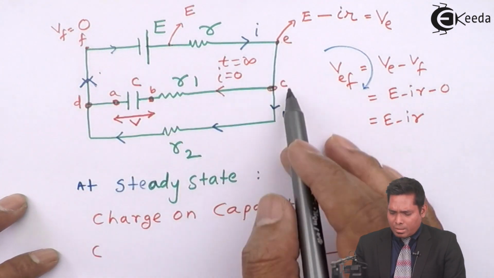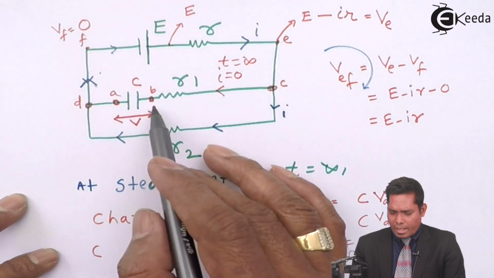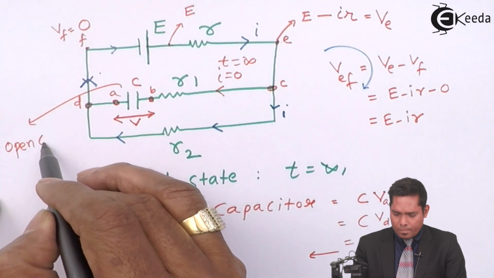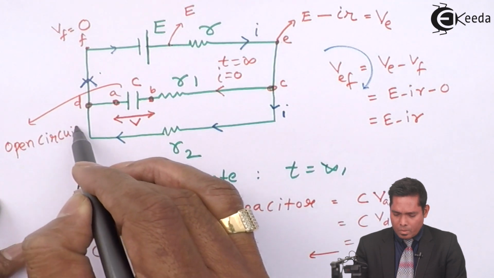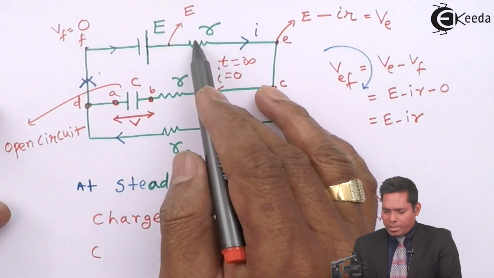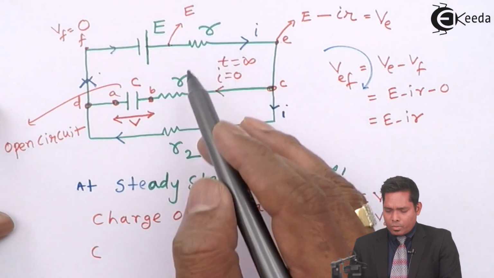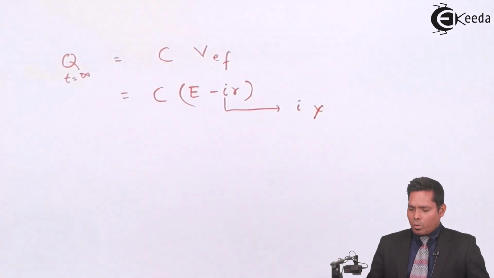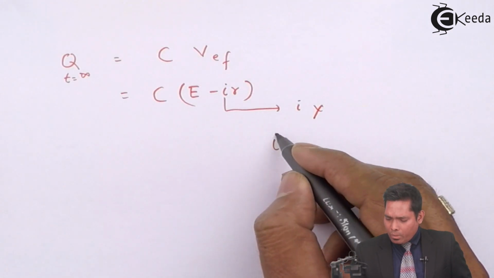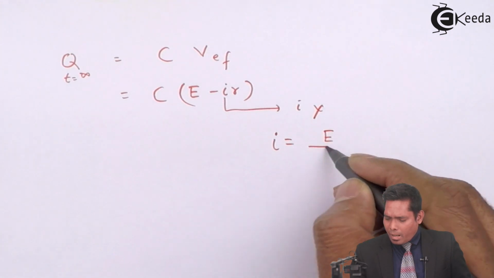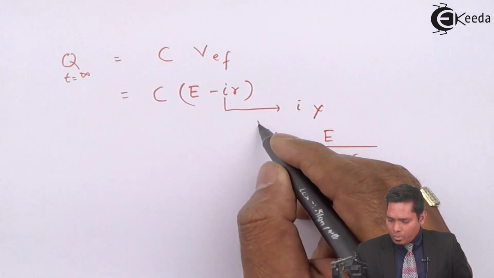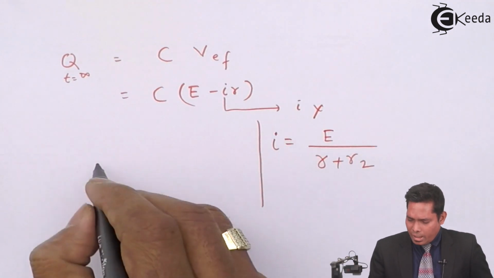The current is flowing in this branch, because this is like an open circuit. So the net resistance is R plus R2, and the EMF is E. Using Ohm's law, I equals E divided by R plus R2. This value I'll substitute here and solve.